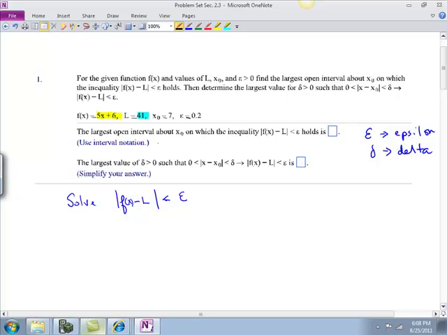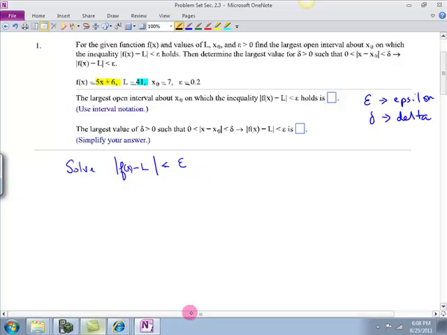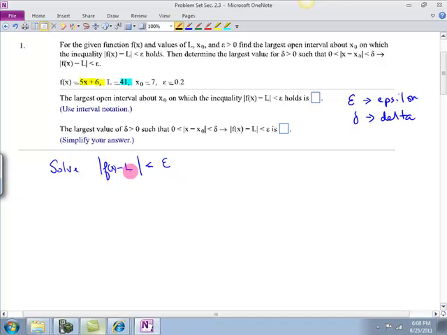On each of these, what we're going to solve is this: the absolute value of f of x minus the limit is less than epsilon. So we're going to plug in the parts that we have. The absolute value of f of x, that's 5x plus 6, minus 41, is less than 0.2.